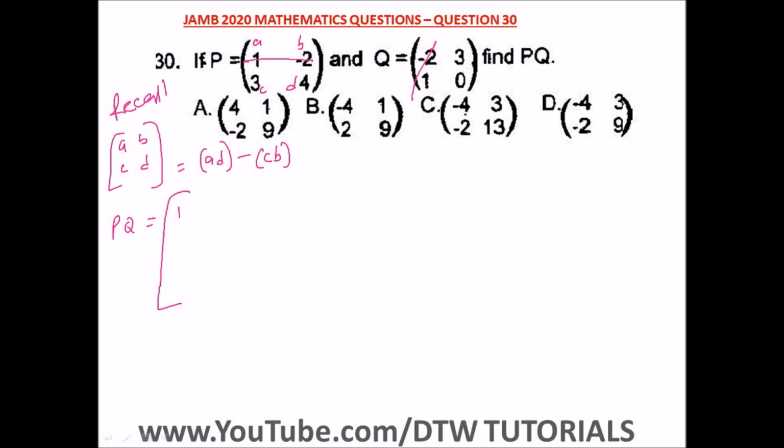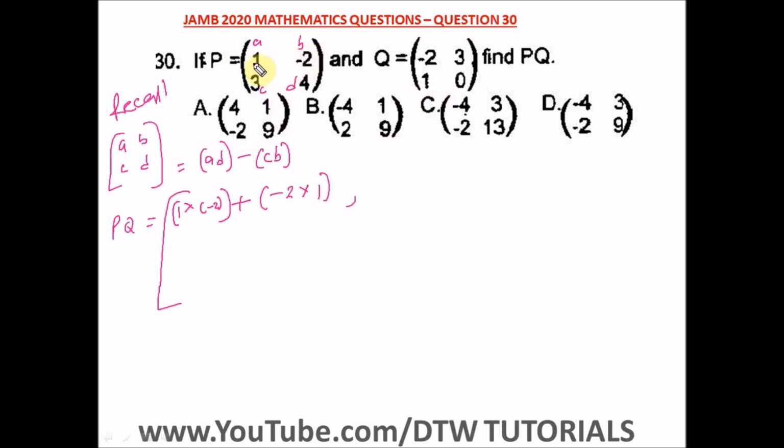So we have, sorry, let me take this off. So we have 1 times minus 2 all in brackets, plus this minus 2 times this 1.